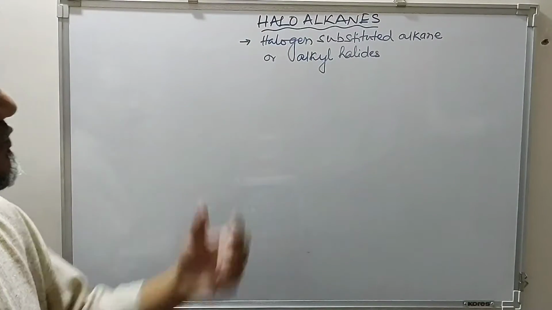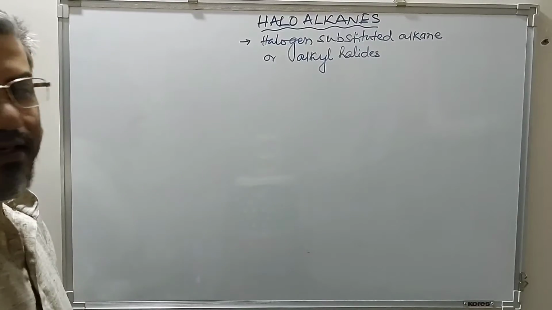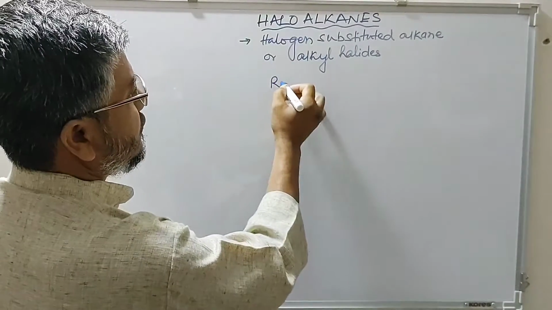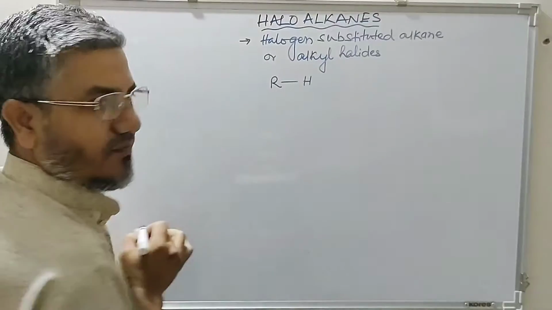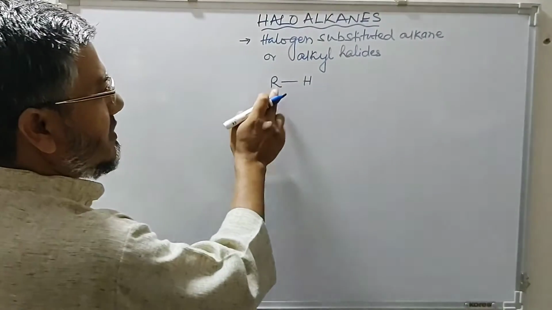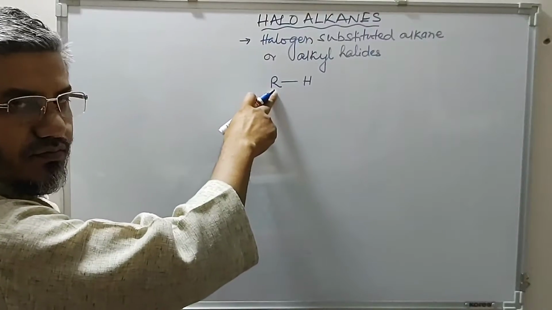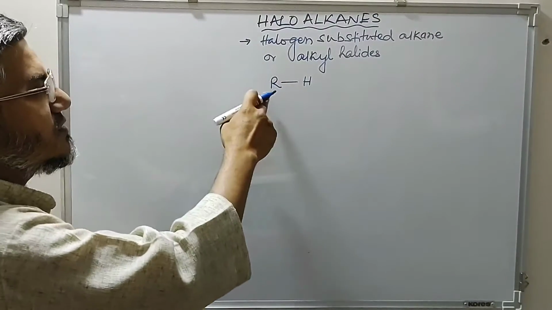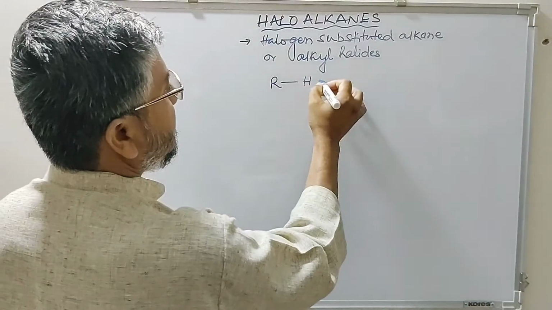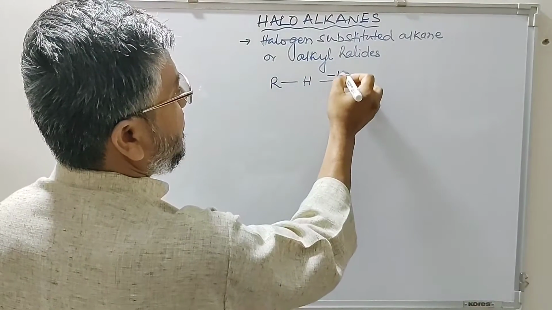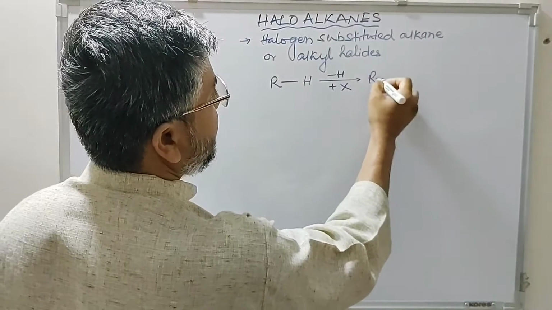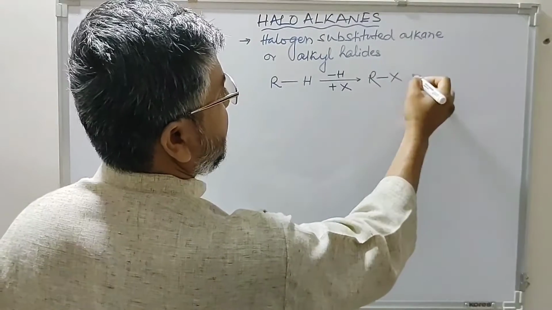So as I told you, we may have alkane, alkene, alkyne. Look at this, suppose this may be an alkyl group, this may be an alkyl group, this may be an allyl group, this may be an aryl group. If this hydrogen is replaced by halogen, then this gives you RX.